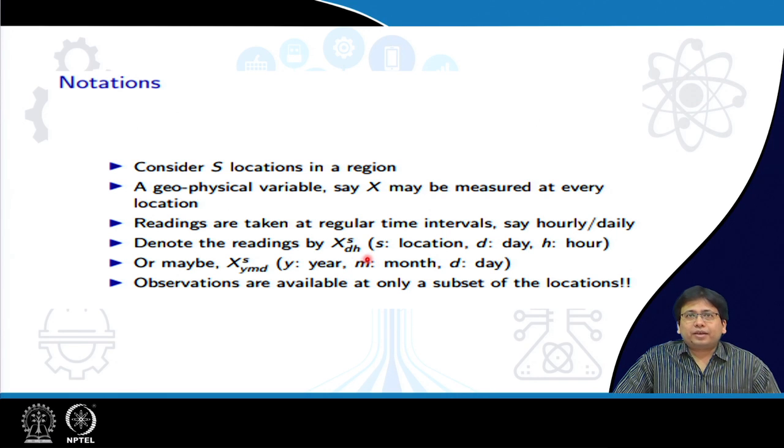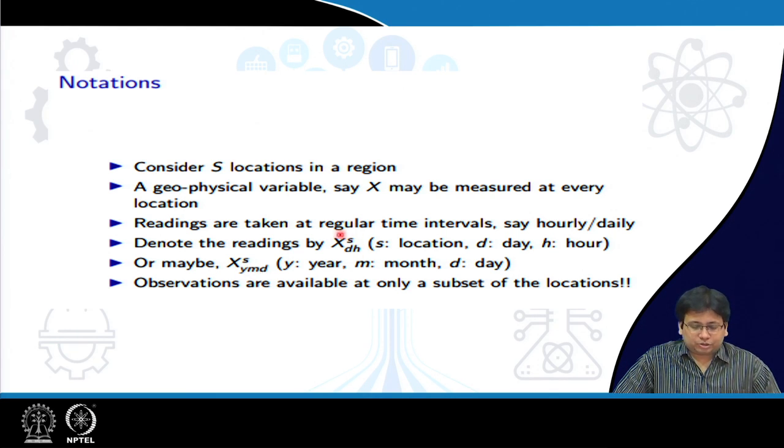Now, it need not be that kind of measurement, we may also be measuring that thing every year, every month and every day. So, in that case we will index the variables like this as ymd. So, basically the indexing depends on at what spatial and temporal frequency we are making the observations.